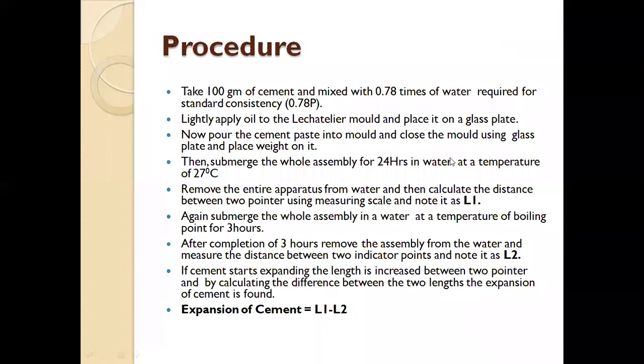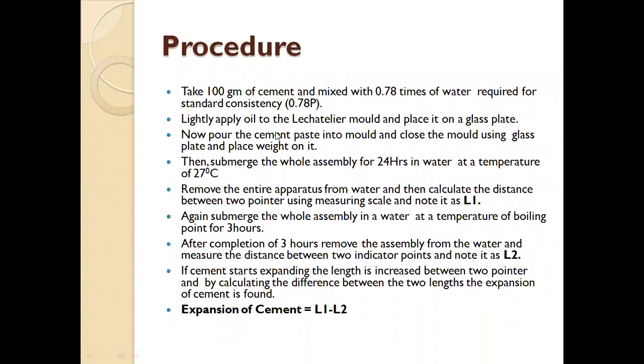So in boiling water we place this whole assembly for 3 hours, and after 3 hours we remove this assembly from the water and allow this apparatus to cool down. And after that we have to measure the distance between the two indicator points and it is L2.